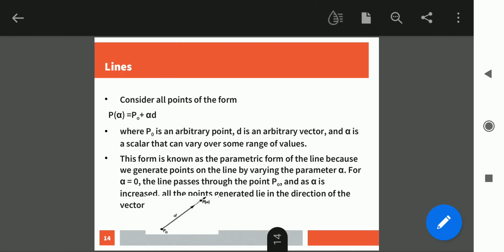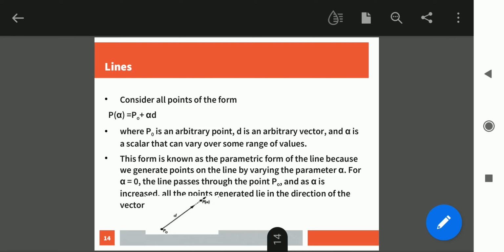So by using this concept, we have written an equation P of alpha, that is some point on the vector which is obtained by starting the line segment from P naught. So P naught plus, how did we get that? By giving some value to alpha on the vector D, so plus alpha D. Whenever the alpha value is 0 at P naught, we don't have any vector.